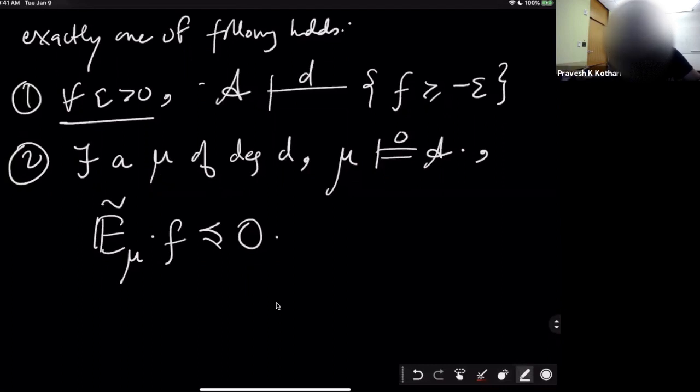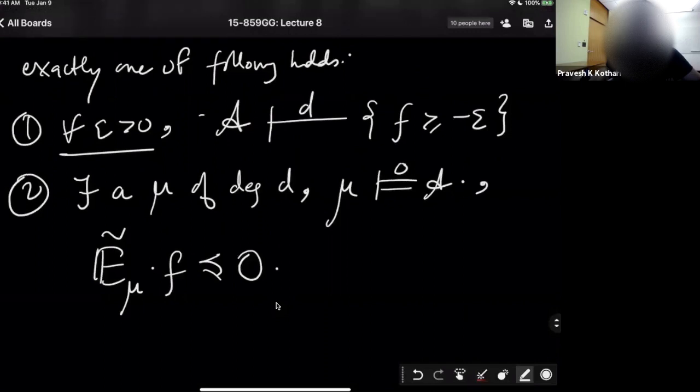So let's ignore that and think of this as a proxy for saying that A derives f is non-negative. Then this is saying that either there is a degree d sum of squares proof that f is non-negative starting from A, or there is a pseudo distribution mu which satisfies A and gives negative pseudo expectation to f.